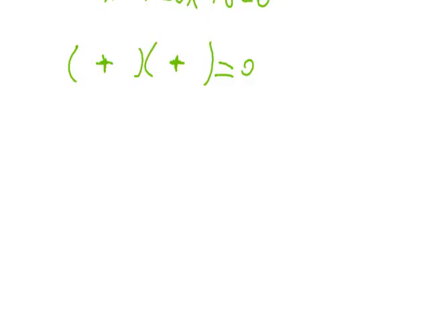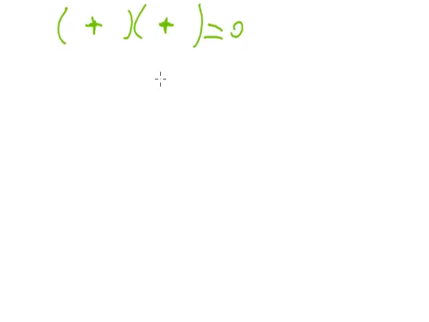Otherwise we'd have to do pages and pages of the steps that we've already done, because to get 12, you can get negative 12, negative 1, 12, 1, negative 6, negative 2, 6, 2, etc. It's a lot more work than what we really need to do.